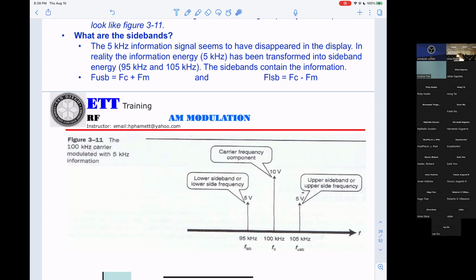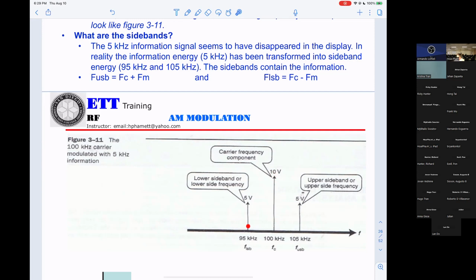Okay, the upper sideband frequency is FC plus FM. The lower will be FC minus FM. So that's why you get 95 kilohertz and 105 kilohertz. The 100 kilohertz carrier is modulated by 5K, as we already showed you. Carrier 100K, your voice will be 5K.